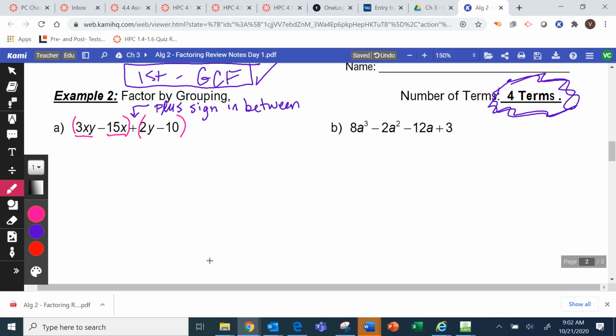Is that what you said? So if I take out 3, there's something else in common there: x. So 3x is the greatest common factor. So I'm going to take out 3x, and I'm going to have a y minus a 5 left over.